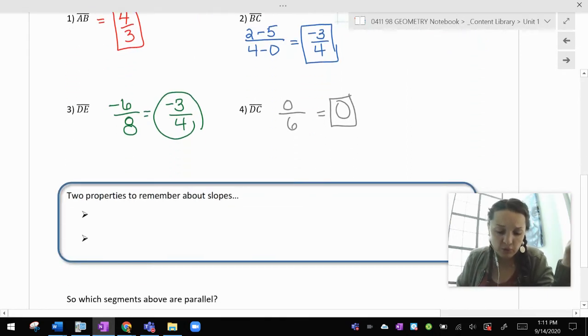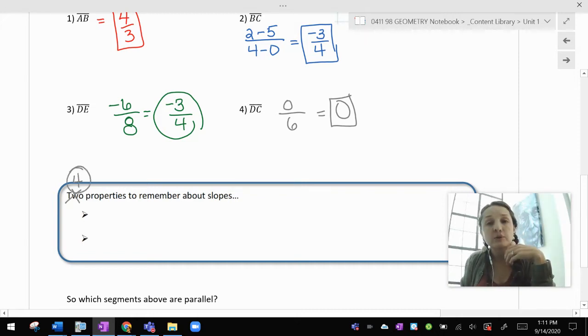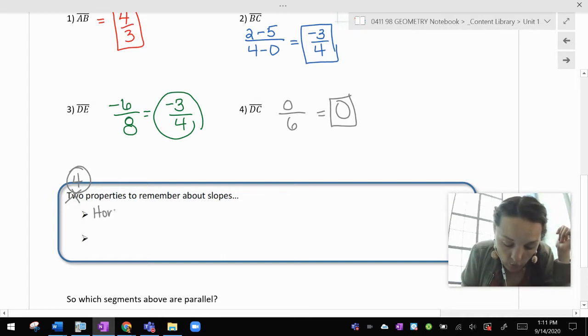So 2 properties to remember about slopes. I'm actually going to give you 4 properties to remember about slopes. One of them is that horizontal lines have a slope of 0.